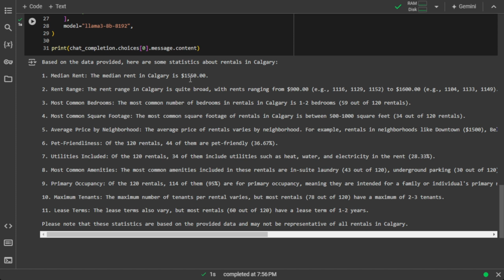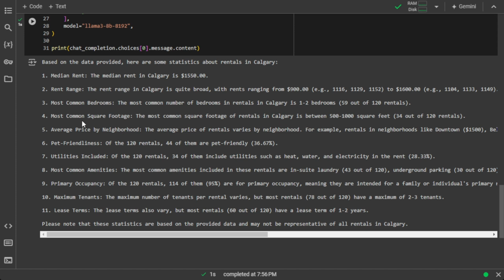Based on the data provided, here are some stats. Median rent range, so 900 to 1,600. That's fine because we took that middle chunk of 100 rows. Most common bedrooms: the most common number of bedrooms is 1 to 2, 59 out of the 120 that got looked at.